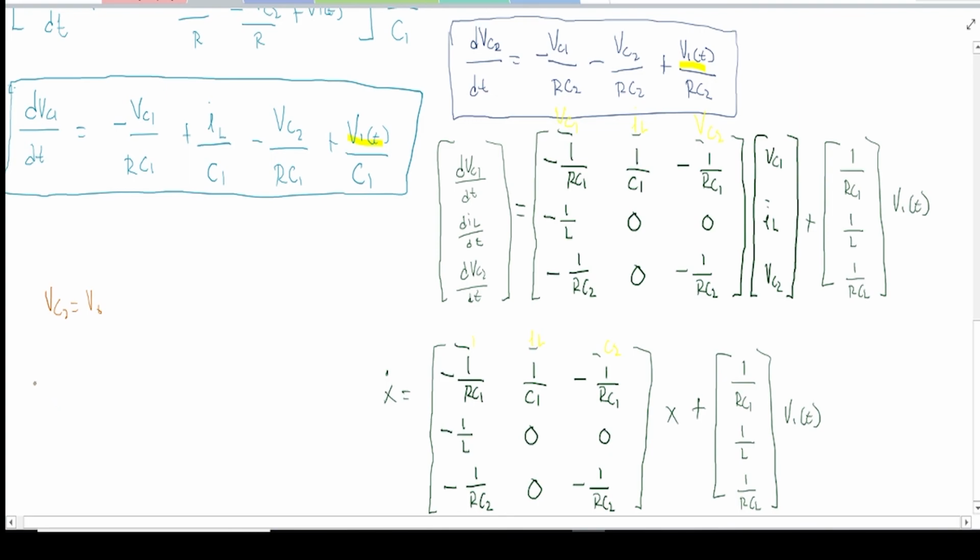So therefore, VO is equal to, there is no VC1, just like here, so it's 0. There is no current in the inductor, which was 0. However, there is VC2, which has a coefficient of 1. Okay? And then you have to insert it.